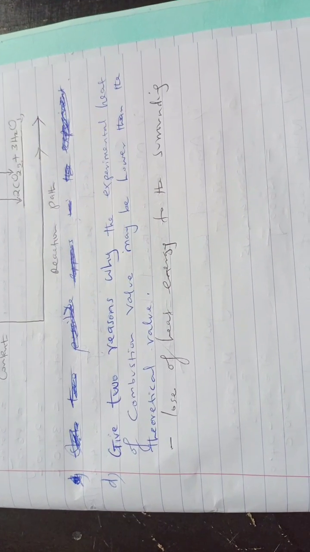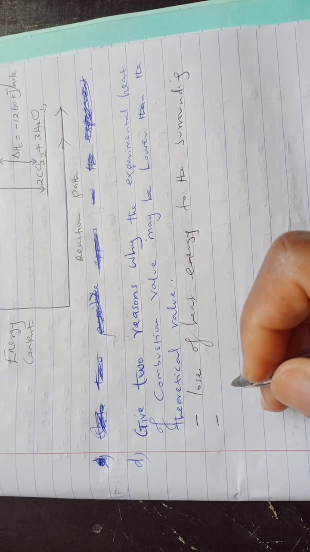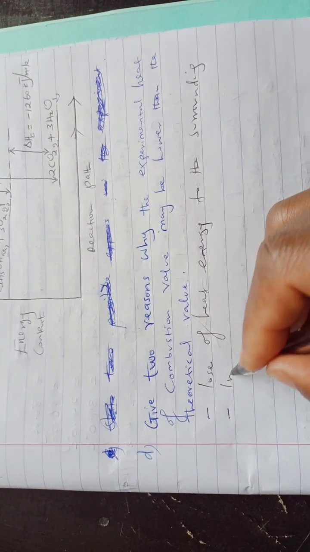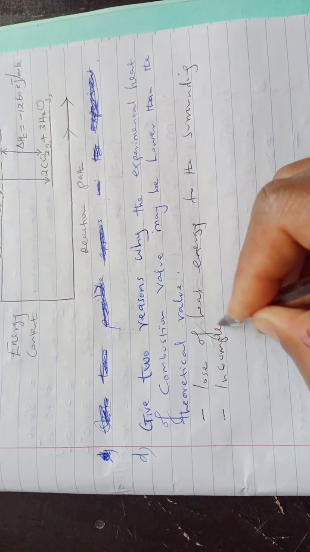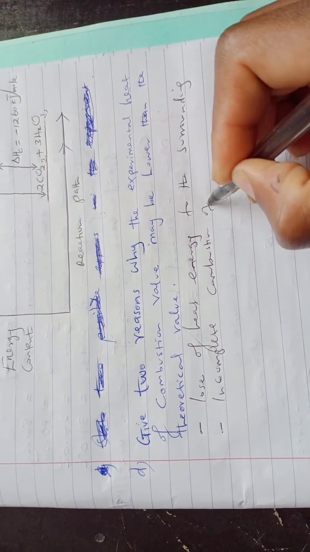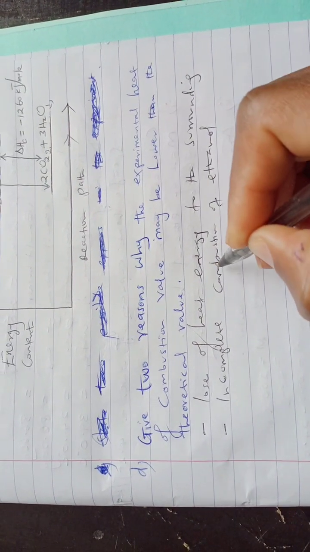During the experiment, some heat energy may be lost, and therefore that energy cannot be accounted for, so it makes the value that you get lower than the theoretical value. Sometimes there is incomplete combustion of the fuel that you are using, which is ethanol in this case.